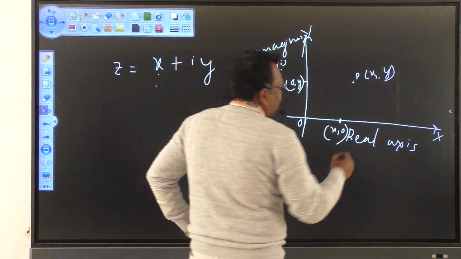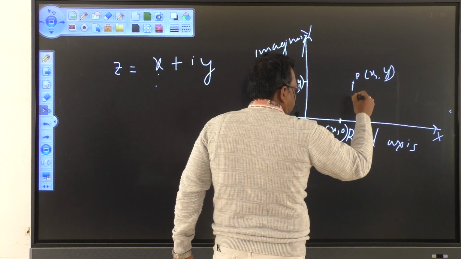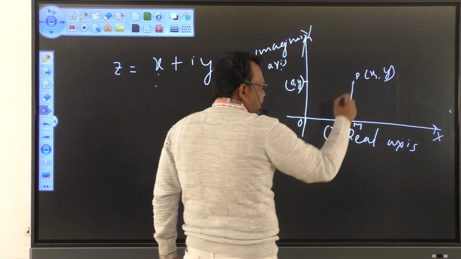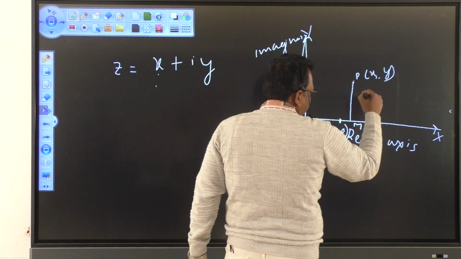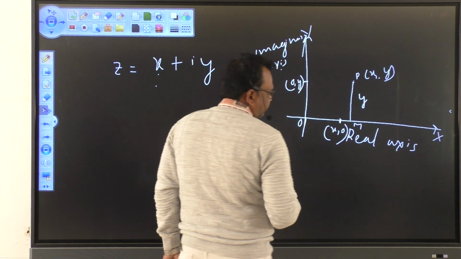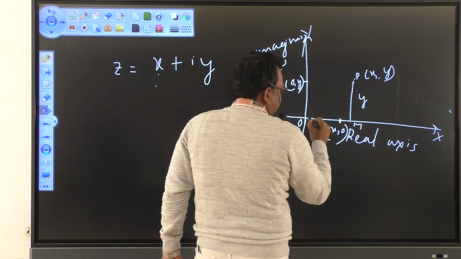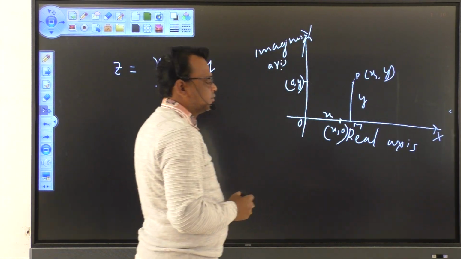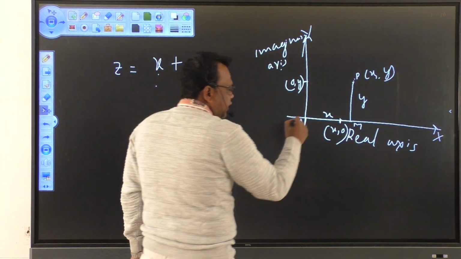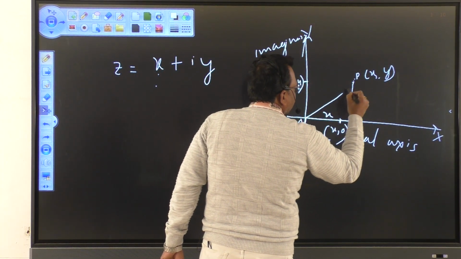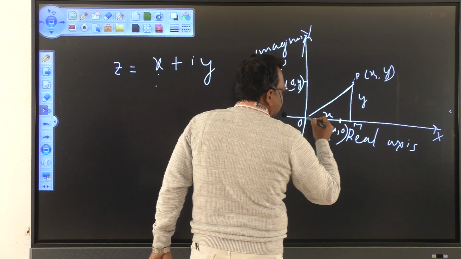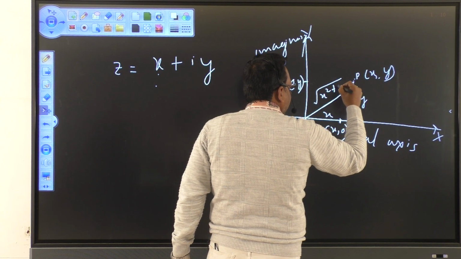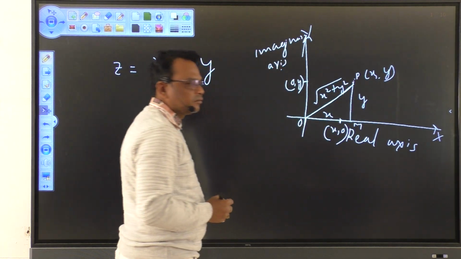Now draw a perpendicular from the point P upon the x-axis. Let M be the foot of the perpendicular, and the height or length of this perpendicular be y. This is also called the ordinate. And OM, this is x. If we join OP, this is the hypotenuse and its value becomes root over x square plus y square.